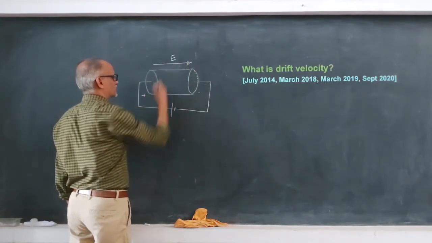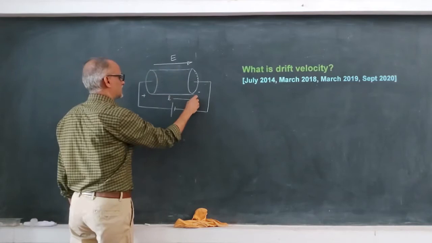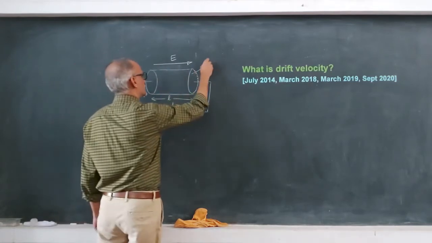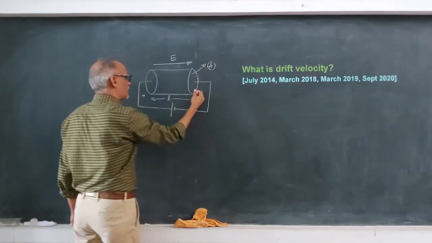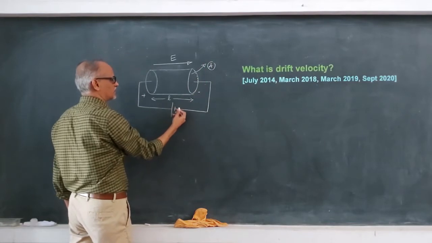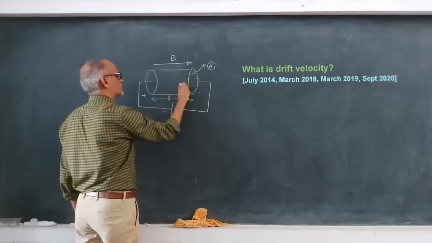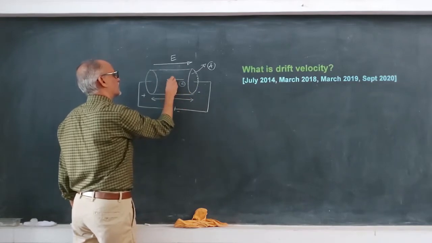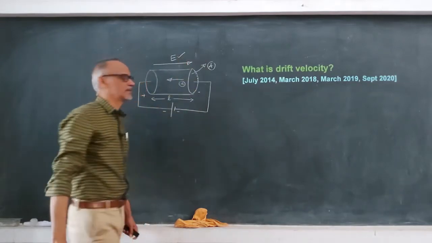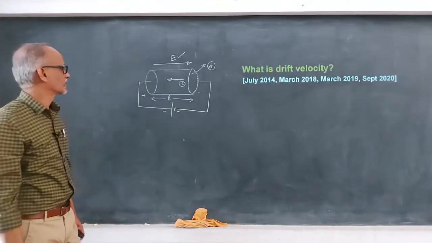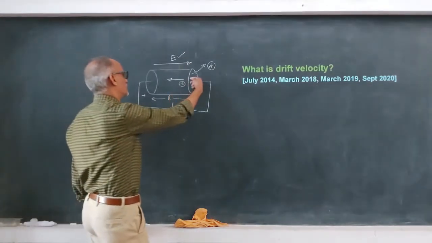L is the length of the conductor, A is the area of cross section. The electrons always move from negative to positive, low potential to high potential. Therefore, the electron will move in a direction opposite to that of the electric field.